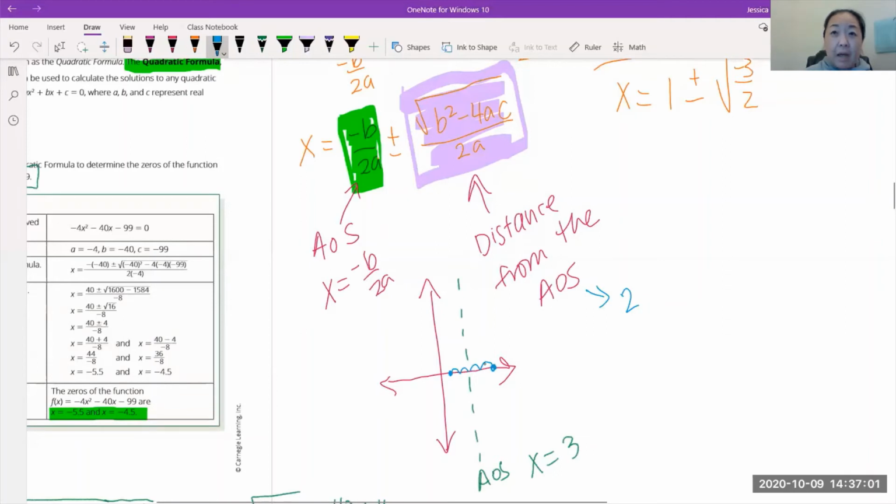Then you would either open up or open down, depending on what the equation was, but that's going to be your roots. Do you see how that works? That's where the parabola intersects the x-axis, i.e. roots, i.e. zeros, i.e. x-intercepts. All right, so that's what that means.